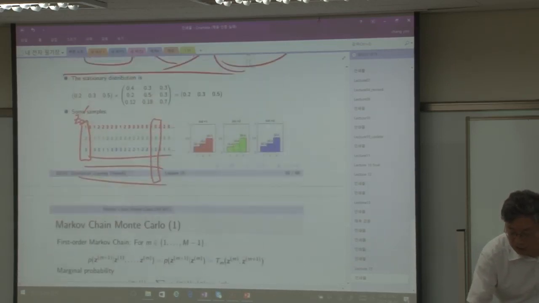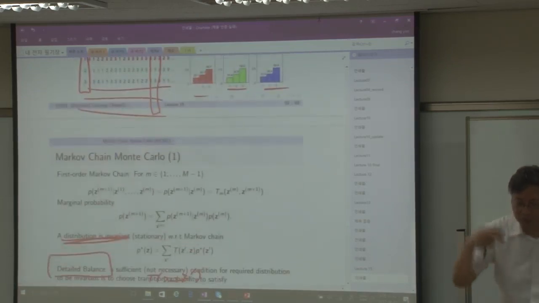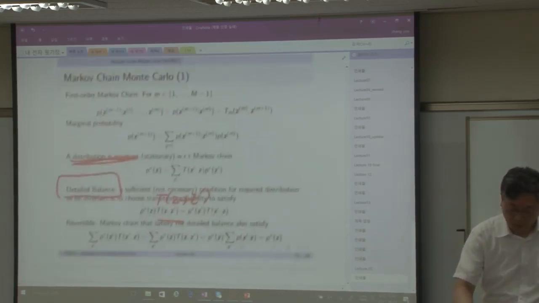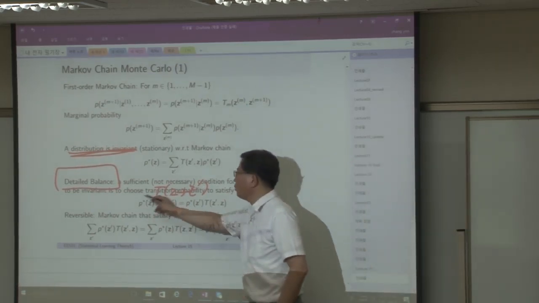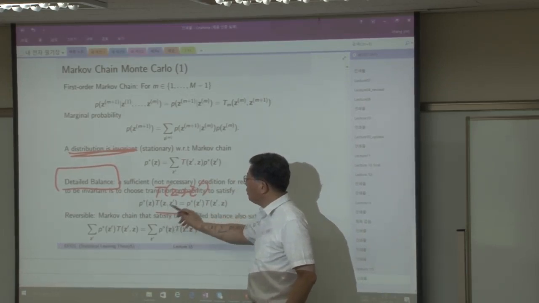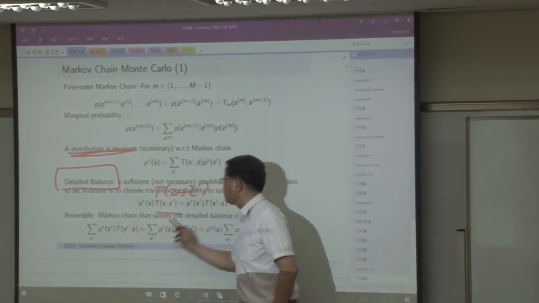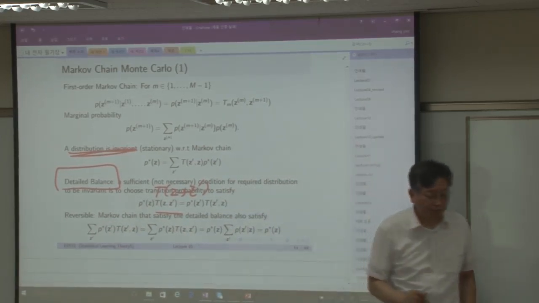You can see that the distribution is invariant with where you start. It doesn't matter where you start, and after each transition, you get the same thing. So that is the detailed balance equation, and there's a proof that if you start here and plug in this, you get the same thing.